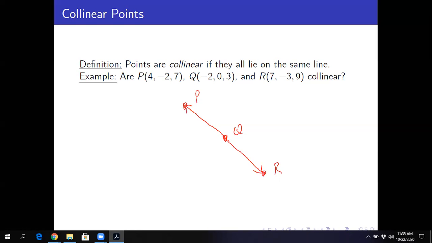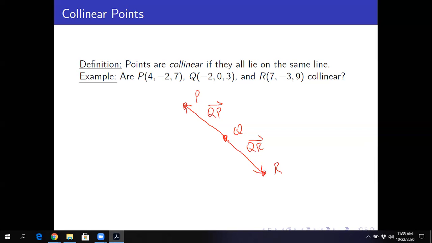What would have to happen to the vector QP and the vector QR? They would have to be parallel vectors. There would have to be something I can multiply the one vector by to get the other one.